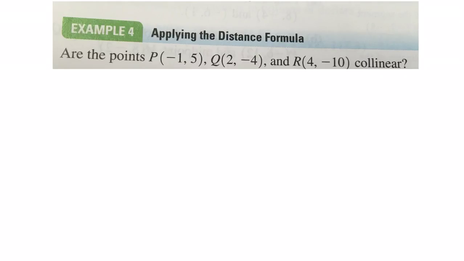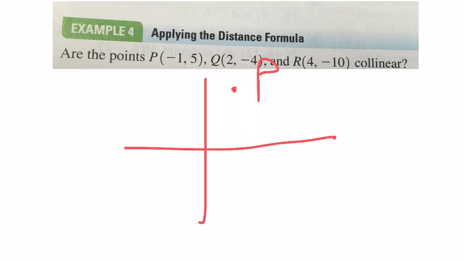Now here's another example of where you'd use the distance formula. It asks, are these points collinear? Meaning, if you were to plot them on the graph, would they form a straight line? Like so. Like if that's point P, if it's negative 1, 5, it'd actually be in this quadrant because x is negative over here.